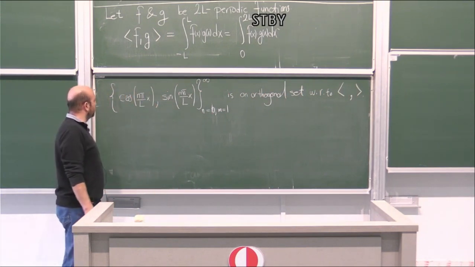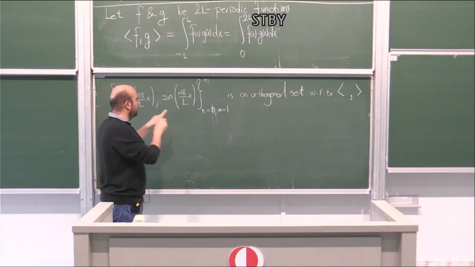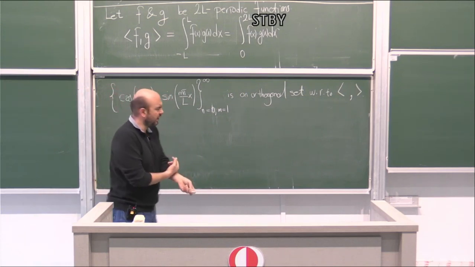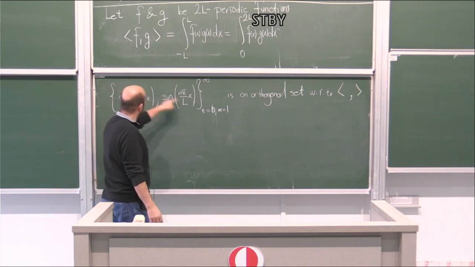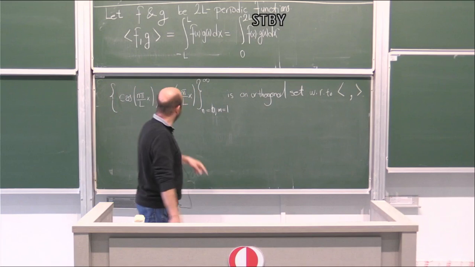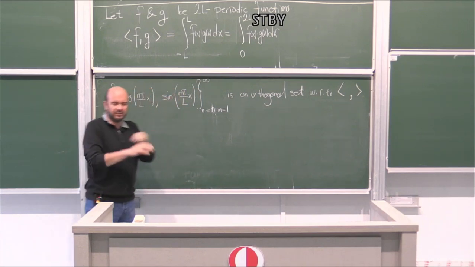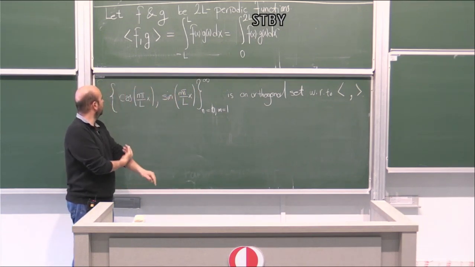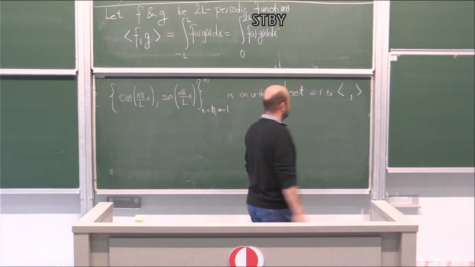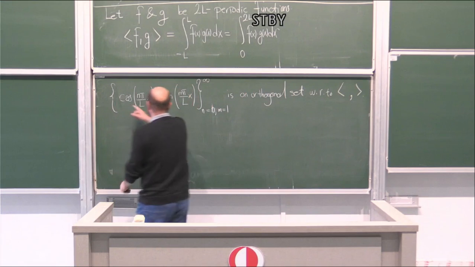So then what do I need to prove? I need to prove that if I pick 2 different members, they are orthogonal to each other. So I have to show that cosines are orthogonal to sines. Sine is orthogonal to sine if the indices inside are different. Similarly, cosines are orthogonal to cosines if their insides are different. So let's start with cosines and sines.